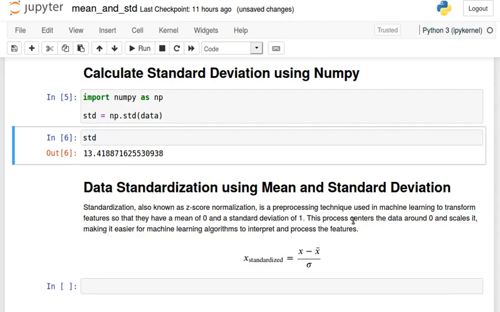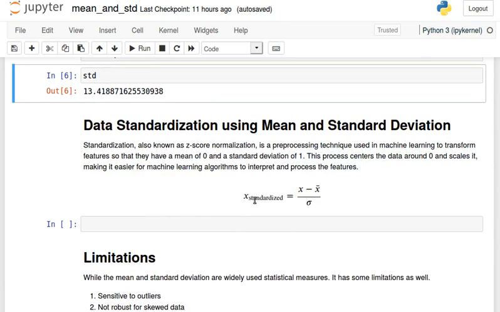This process centralizes the data around 0 and scales it, making it easier for machine learning algorithms to interpret and process the features. To find the standardized data, we have to find the difference between the data and the mean, and then divide it by the standard deviation.